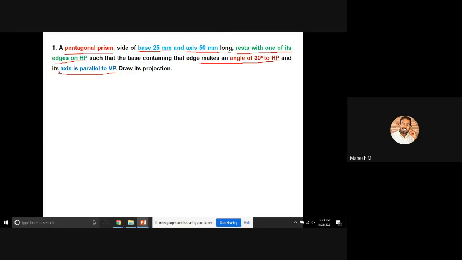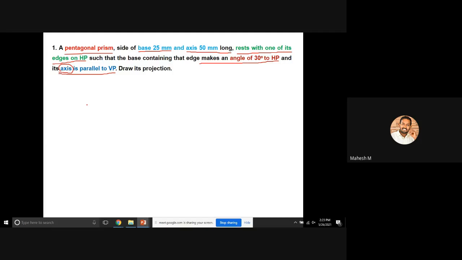Okay, so the axis is parallel, and axis is perpendicular, and axis is inclined. So what is meant by axis? The central part of the particular solid, the central line, will be called the axis. For marking this axis, you have to use the command called center line.